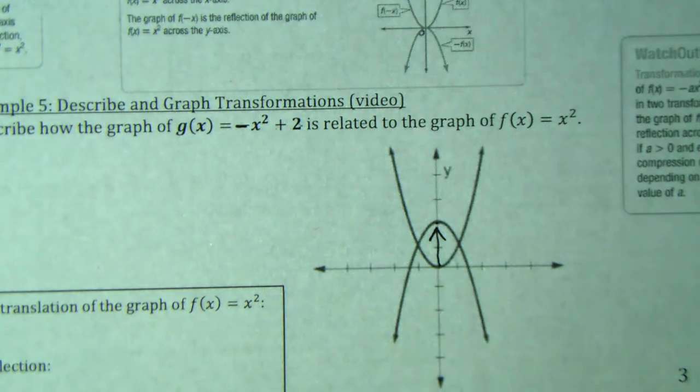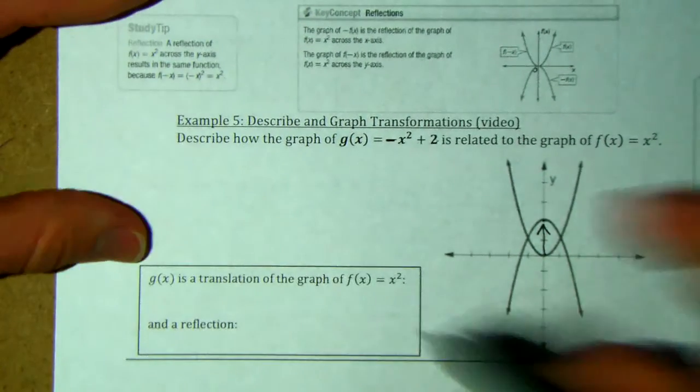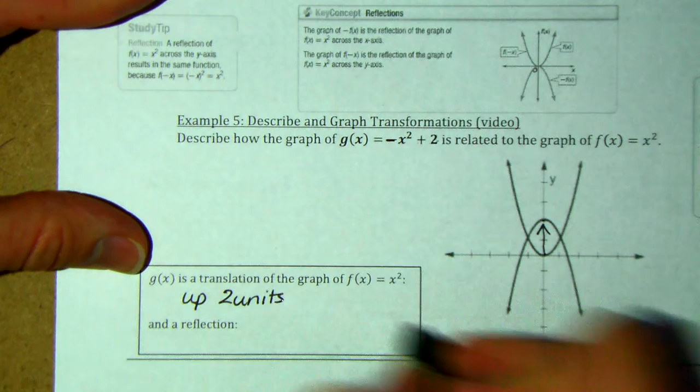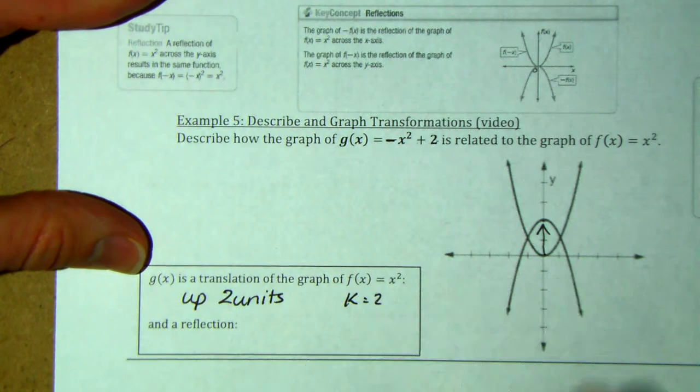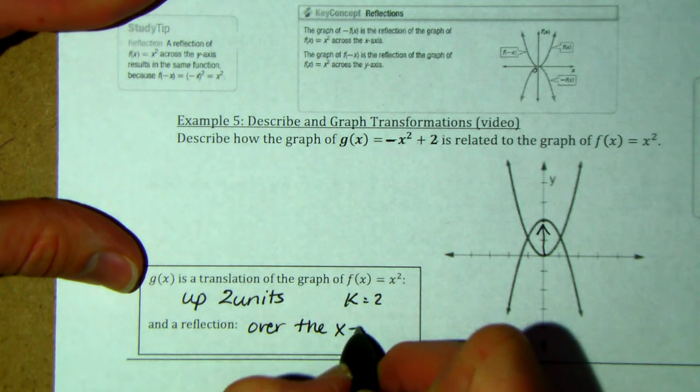We reflect it. So the translation of the graph is up 2 units, because K was 2, right? And a reflection over the x-axis. Is that always going to be the reflection? Yep, it will always be over the x-axis.